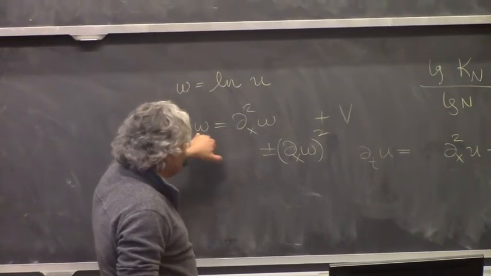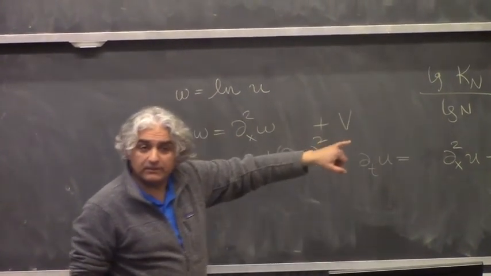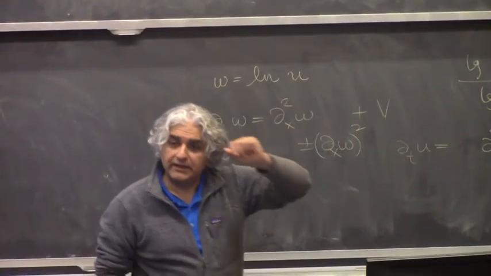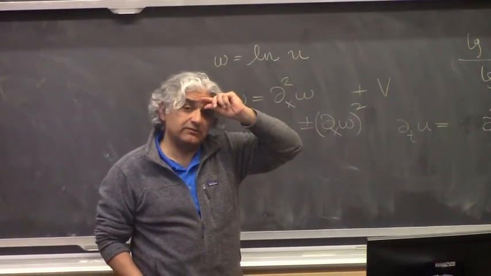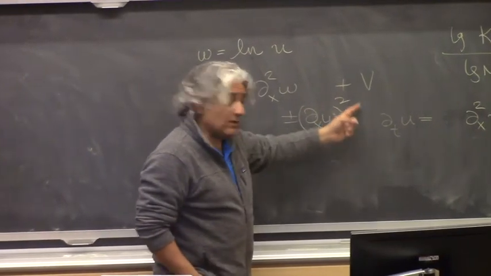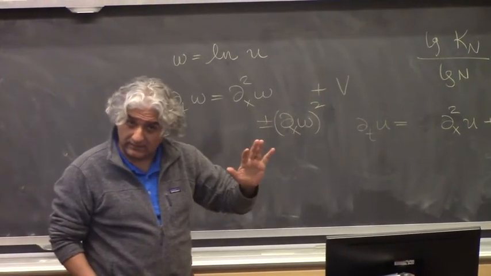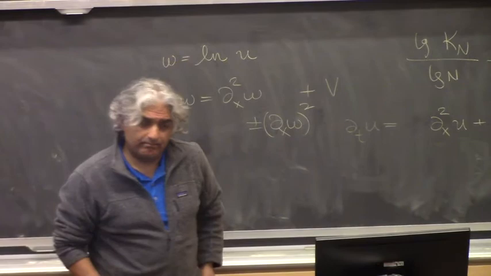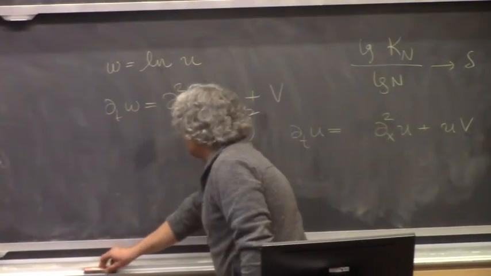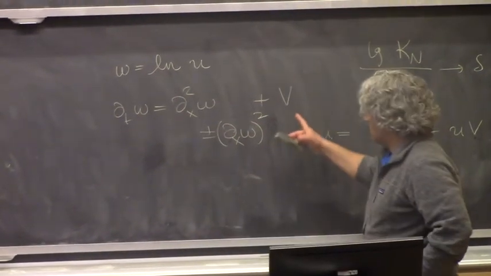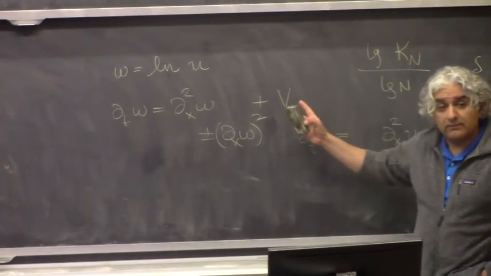Because, you see, W in X is as rough as V is. It's a horrible distribution. So even defining its derivative is really tough. Defining its square is a serious problem. So it's not even a priori clear, I hope, what this could possibly mean.